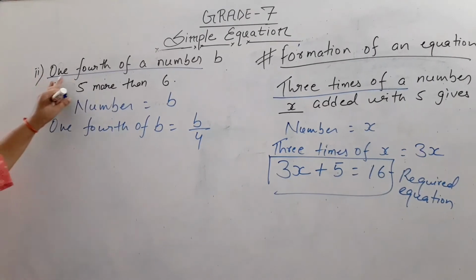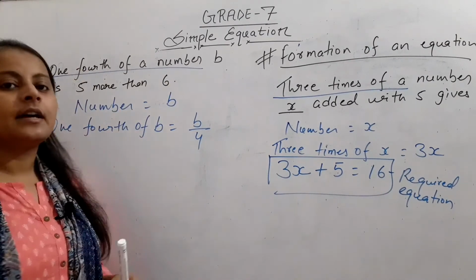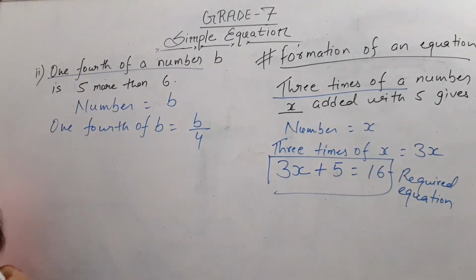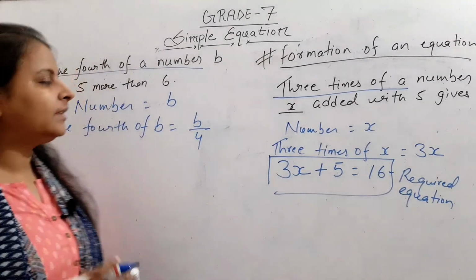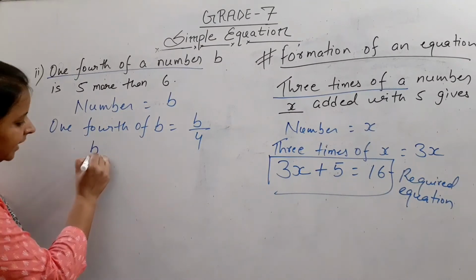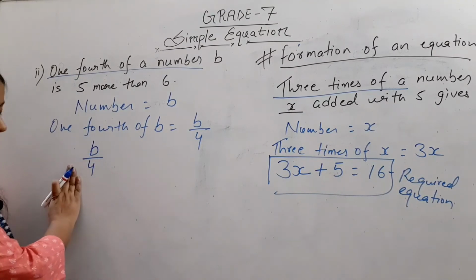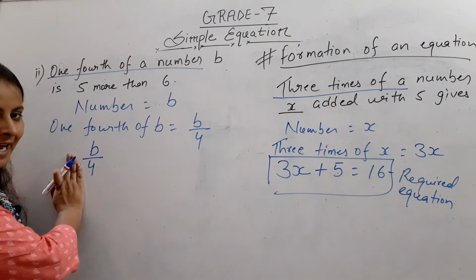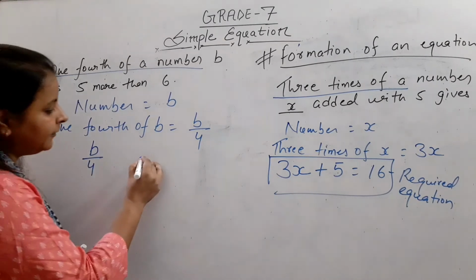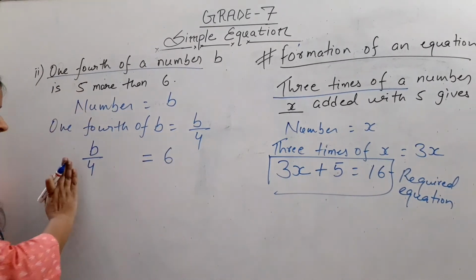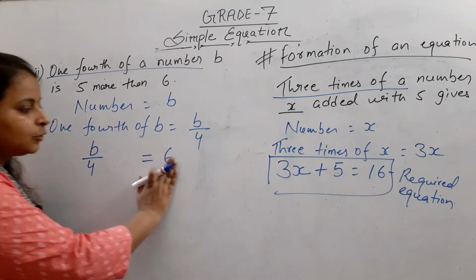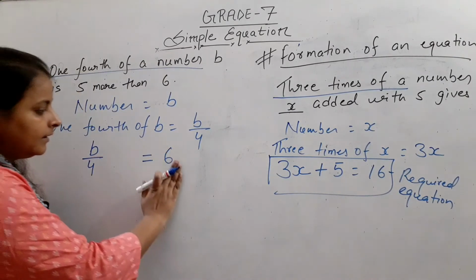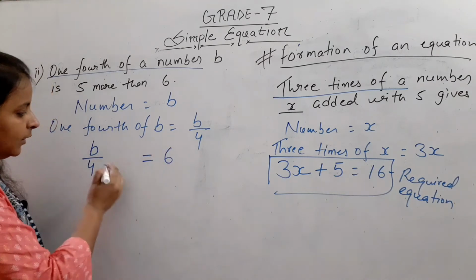Now 1/4 of a number b is 5 more than 6. That means b/4, 1/4 of a number, is 5 more than 6. If we write here 6, then this number is 5 more than 6. To make the two statements equal, what do we do?